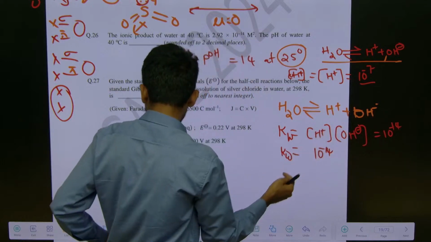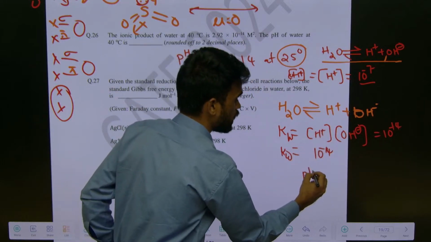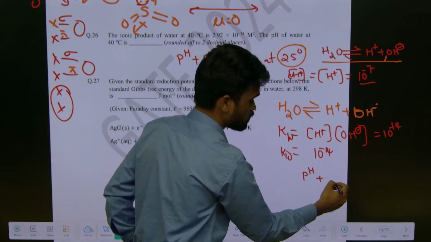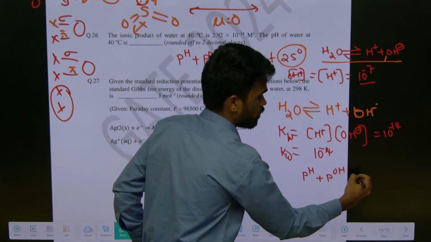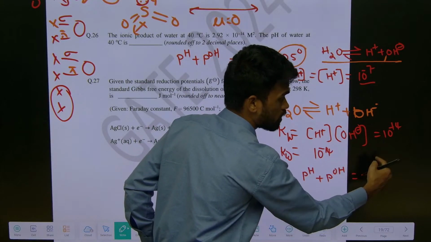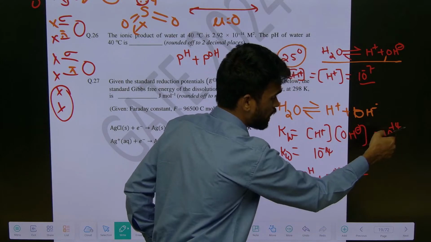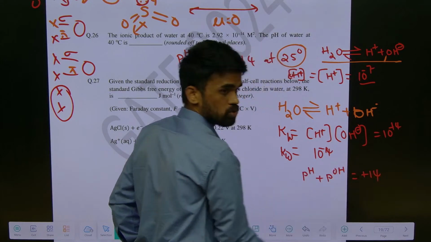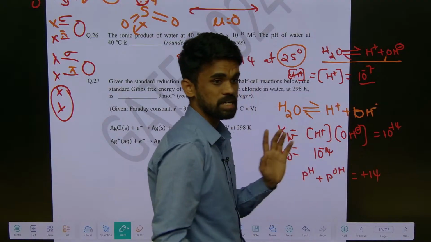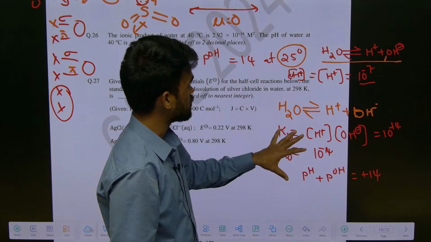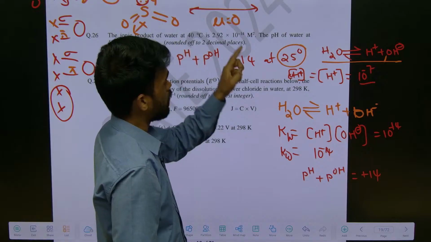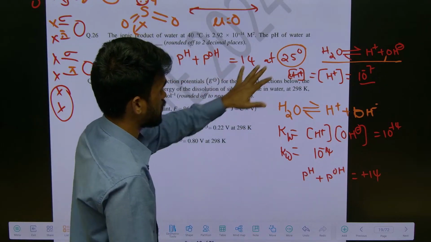So minus log of concentration of H plus is nothing but pH, minus log concentration of OH minus means pOH, and minus log 10 power minus 14 I can write as plus 14. So that's why we are getting pH plus pOH as 14. So why are we saying this concept? I do not want question-to-answer explanation, I have given you the concept.